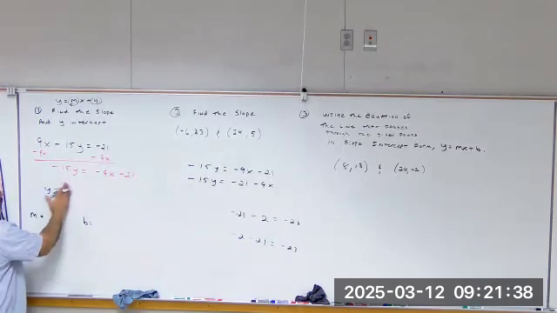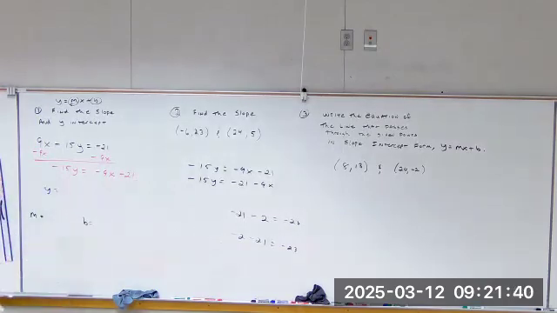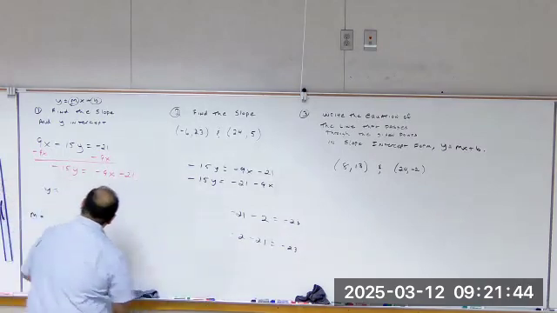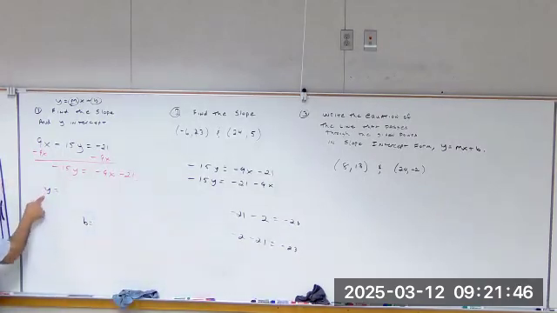Okay. Still solving. Back to our regularly scheduled problem. I want positive y. It's negative 15 times y. So what do I do to get positive y? Divide by negative 15.